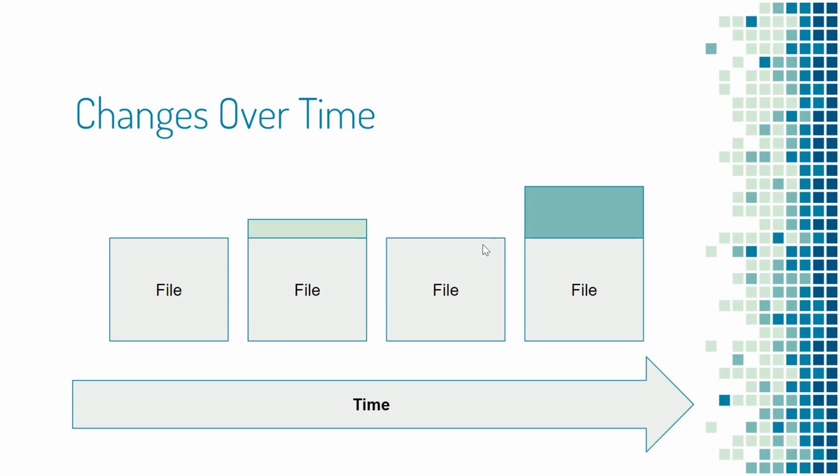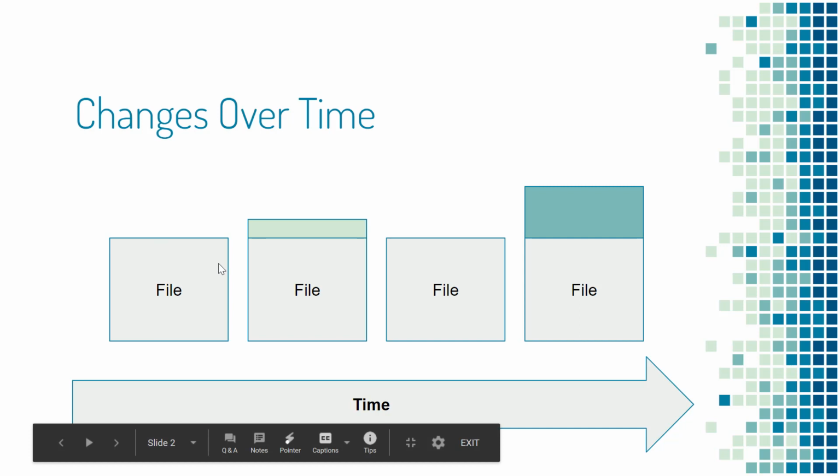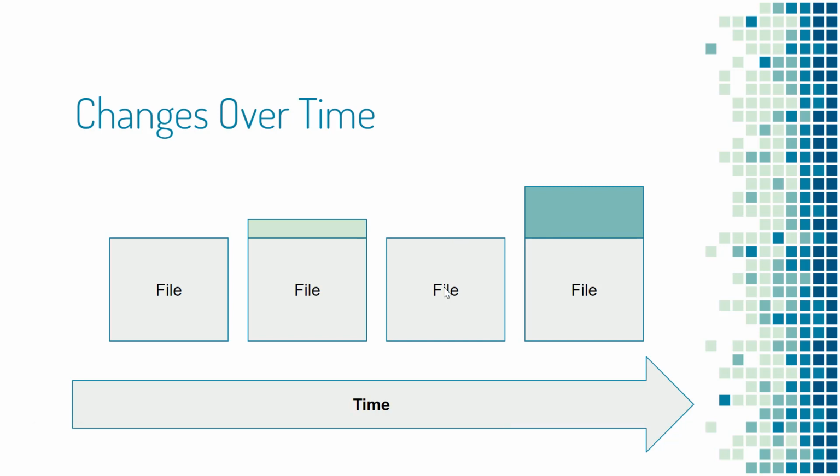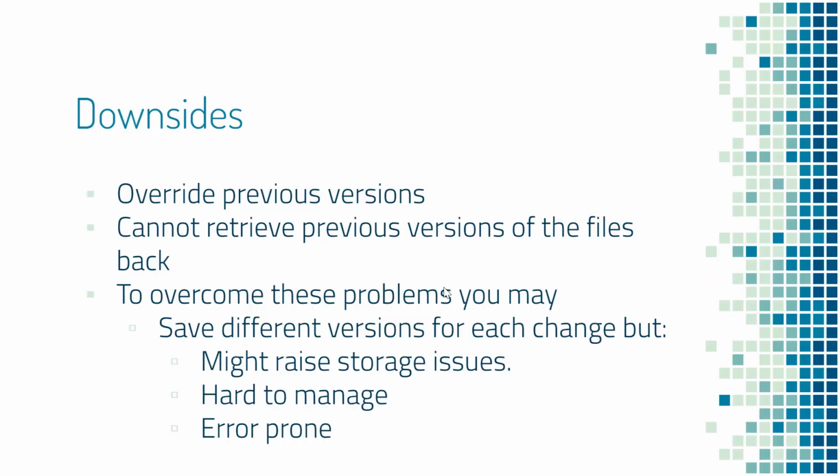Keep in mind, if we have a different modification for each day, we cannot revert back to the original file because each change will overwrite the previous or the current state of the file. That's why we need a different solution that can keep track of all these changes over time.